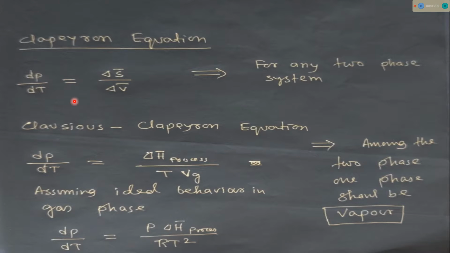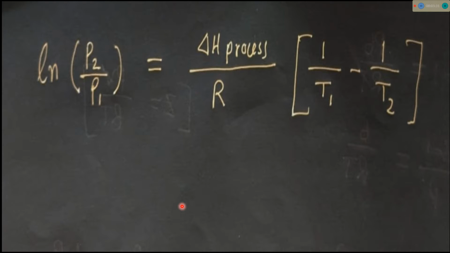From dP/dT we can write delta S equal to delta H upon T, and delta V. Since in the Clausius-Clapeyron equation one phase is always gaseous, if we do the detailed derivation and use proper limits, we will get ln P2 upon P1 equal to delta H process upon R times (1 upon T1 minus 1 upon T2).